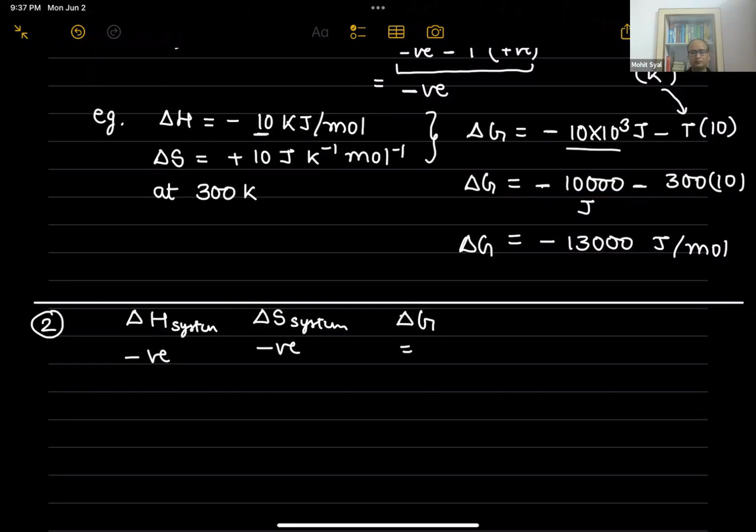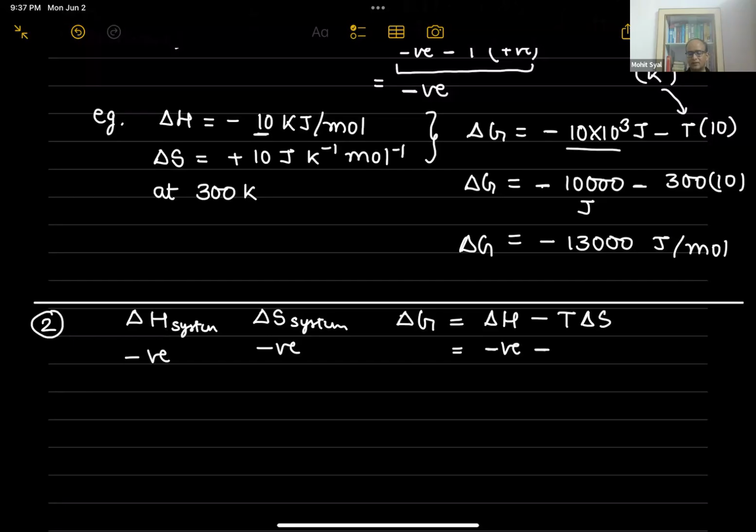Can you tell me, both of you? Negative or positive? Delta G is equal to delta H minus T delta S, right? So the sign of delta H is negative.